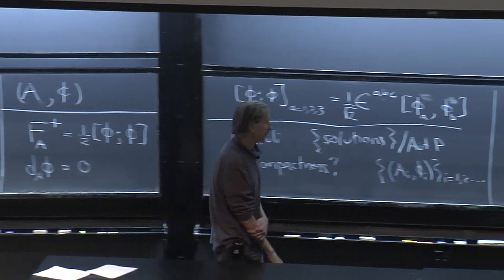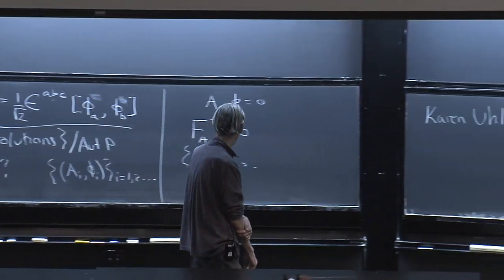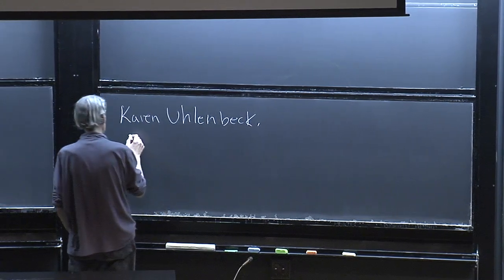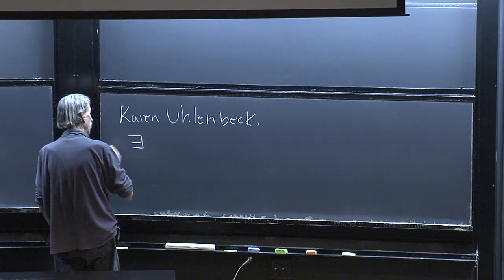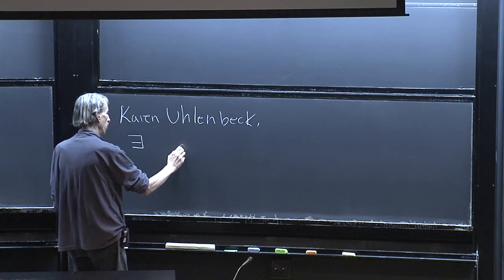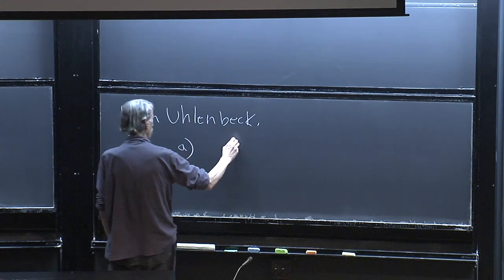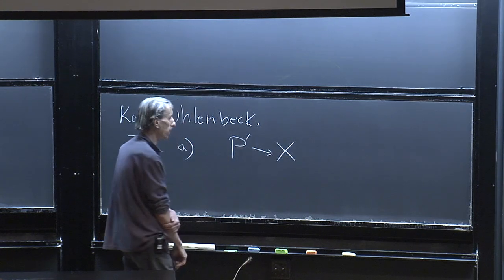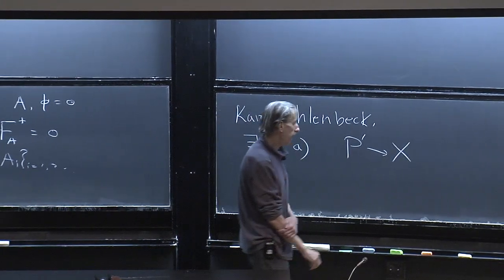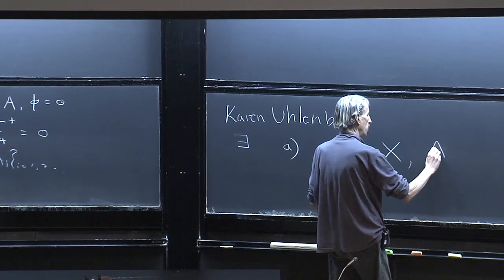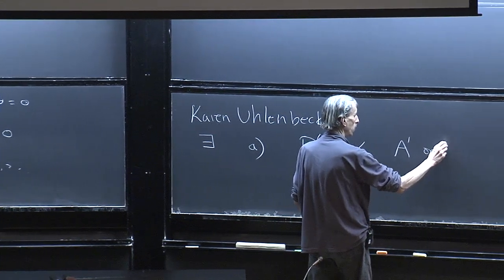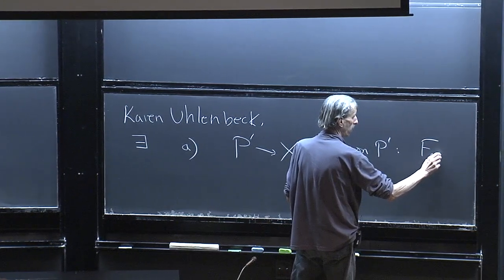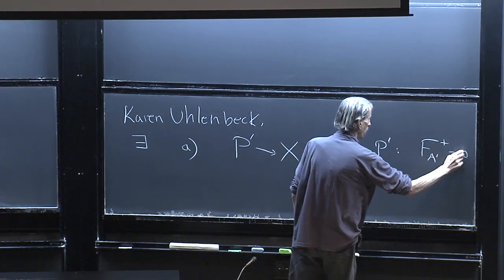And so what does Uhlenbeck's theorem say in this context? It says the following, that there exists the following data which describes a limit. You have, first of all, some other perhaps different principal bundle over X, and a self-dual connection A prime on this other bundle, so the plus part of the curvature is 0.